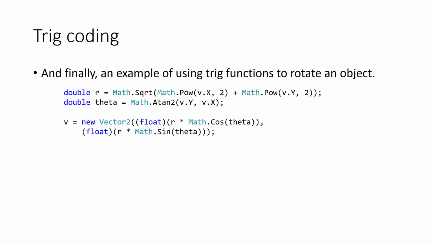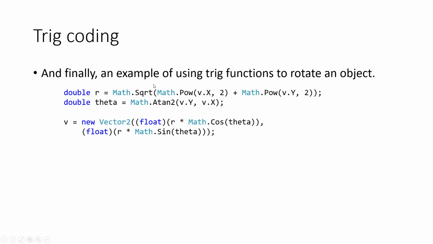And finally, the last thing we're going to do is show you an example of using trig functions to rotate an object. So we're going to have r and theta, that's our polar coordinates, the angle is theta, and r is the distance that we're going. So the distance is simply the square root of x squared plus y squared, which is Pythagoras' theorem.